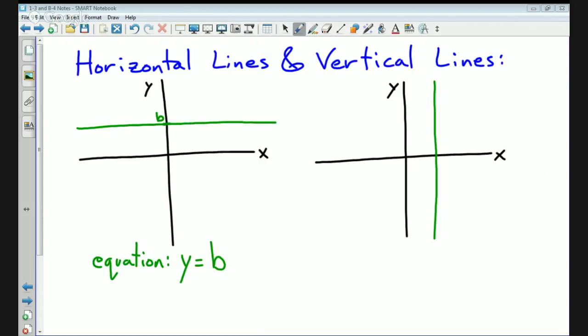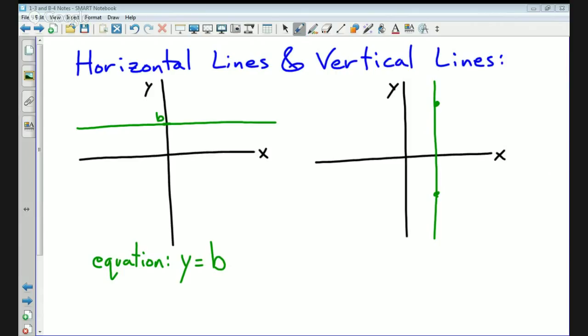For the vertical line, it's a similar concept, except here the y value is changing considerably, but our x value is not changing at all. And when you go back to that slope form, there's a problem when you put in the same x for this point and this point, or whatever points you pick off of there. The x is always the same.